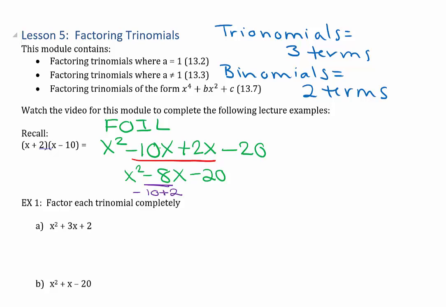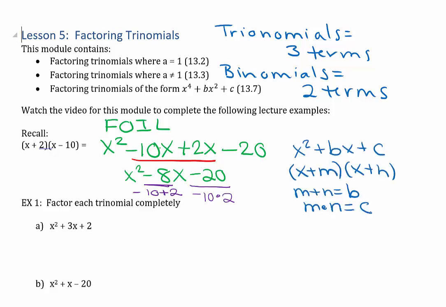Now there's a pattern I'd like to point out. Notice that minus 8 in the middle term came from a negative 10 plus 2, but the constant negative 20 came from negative 10 times 2. So basically this pattern is saying if we want to factor a trinomial that starts with a 1x squared, we can factor it as two binomials, two things with two terms.